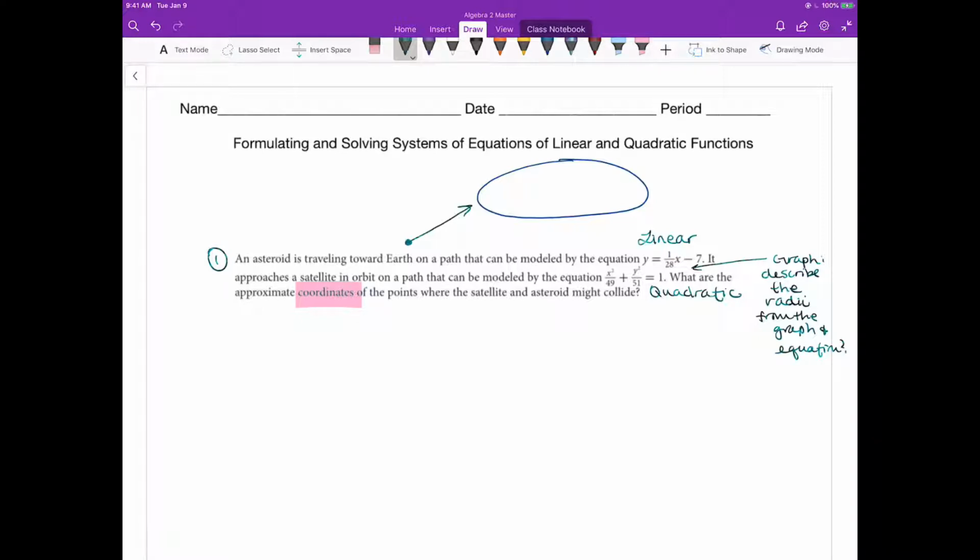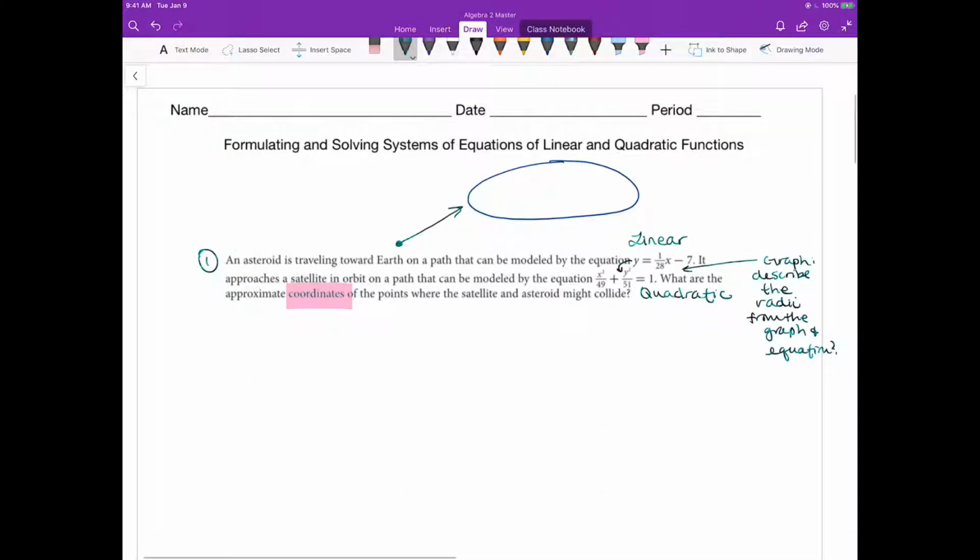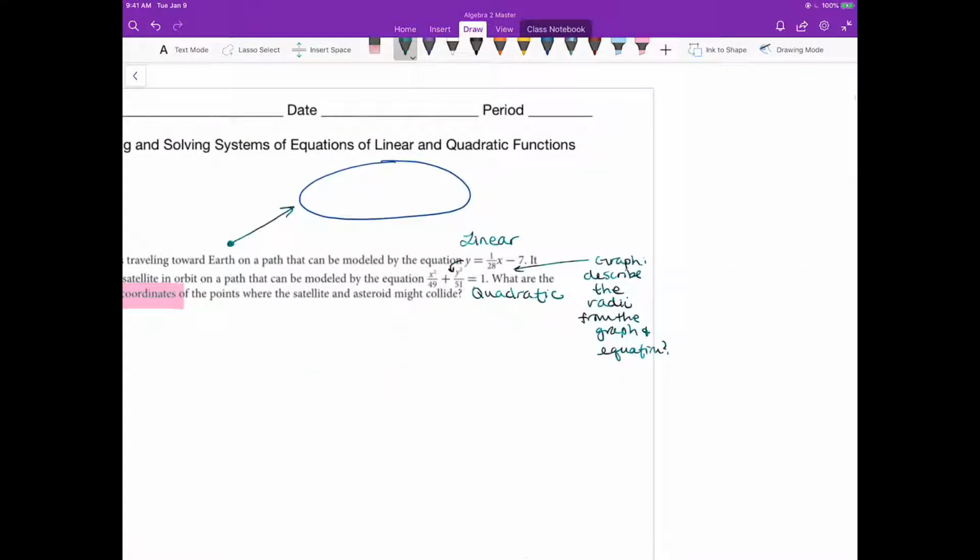So let's look at the linear portion because our steps say to substitute that y into the quadratic equation, and we see that that y will be squared. So let's square the y, and we can square it to the side.